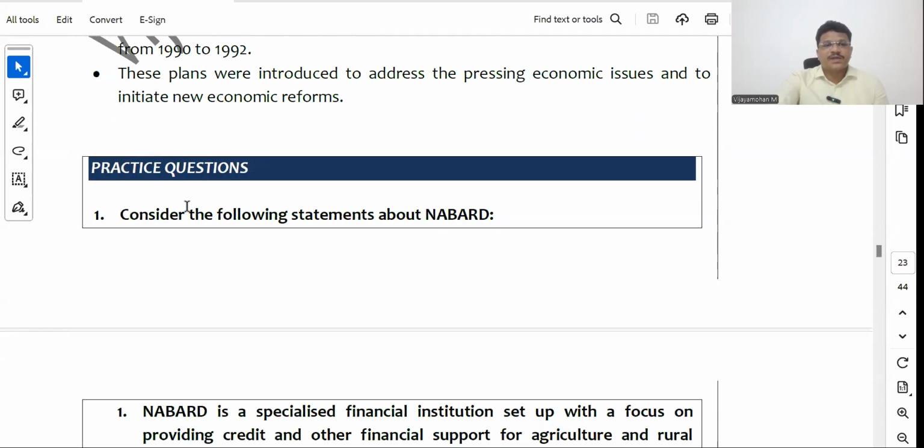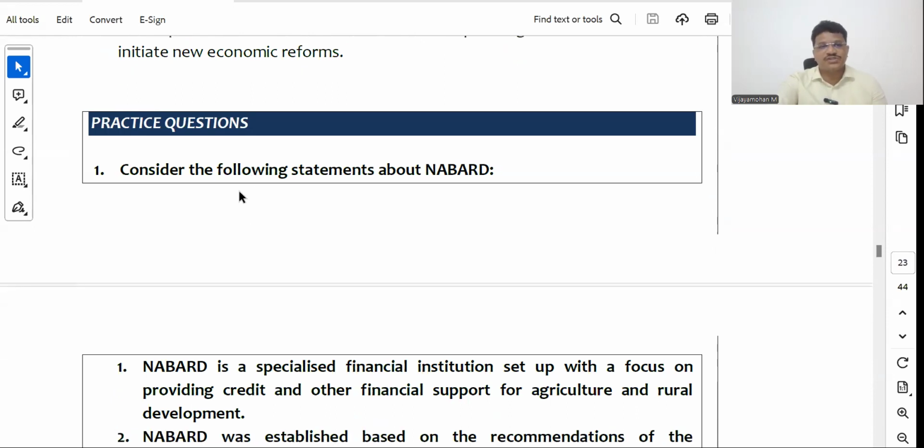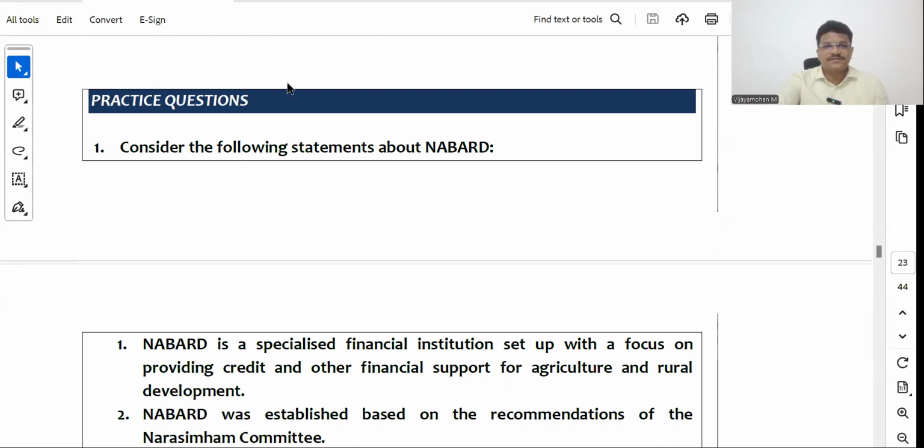Now we will see one or two practice questions with respect to our discussion. Consider the following statements about NABARD. First, NABARD is a specialized financial institution set up with a focus on providing credit and other financial support for agriculture and rural development, right?